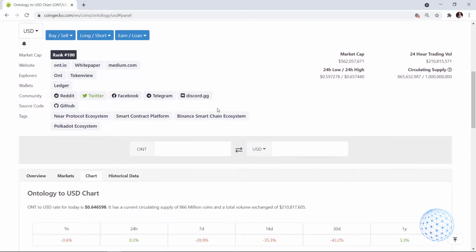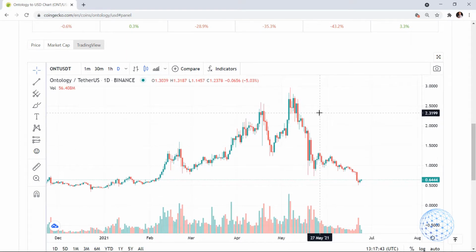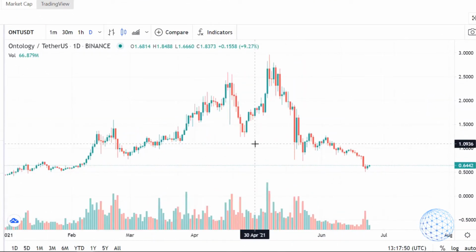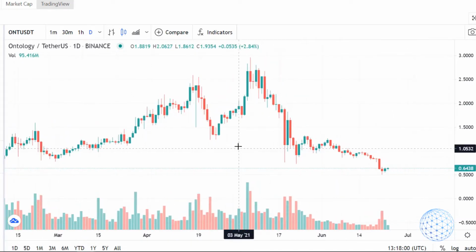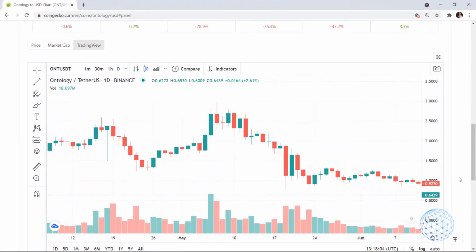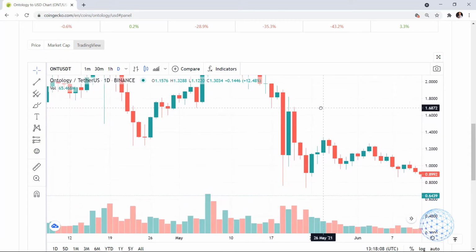But today I want to focus on the price itself, and I will do a detailed analysis over the daily chart. And for the beginners, the daily chart is a chart where one candlestick represents 1 day. If I zoom in, you will see that we have red and green candlesticks.